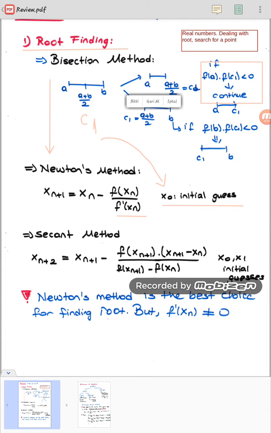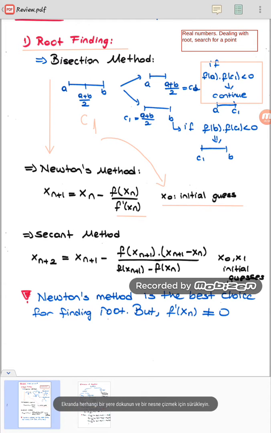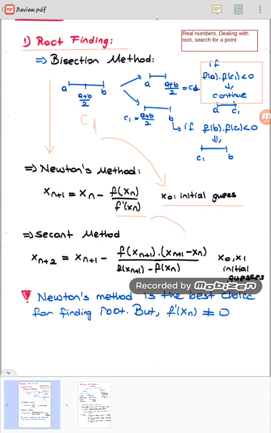The third method is called the secant method. Guys, this corresponds to the Newton process; they are so similar to each other. To overcome the problem which arises from the derivative, we use a derivative approximation. It comes from the mean value theorem, as we discussed in calculus 1: instead of the instantaneous velocity, which corresponds to the derivative, we can use the average velocity.